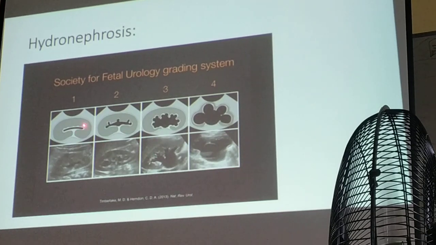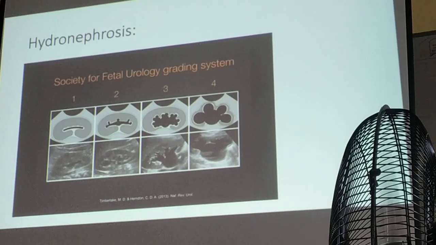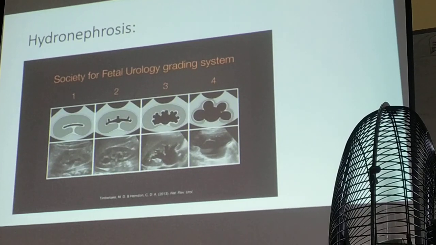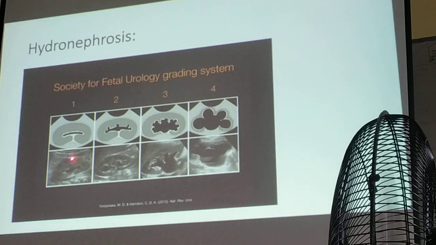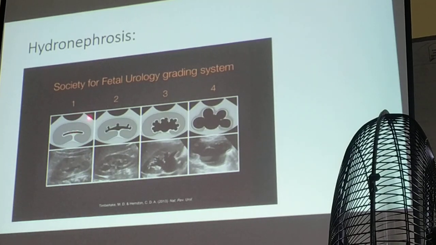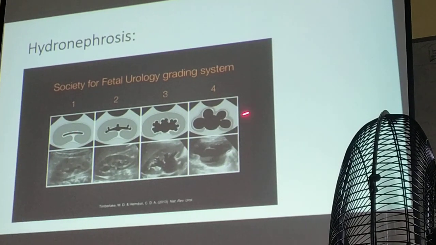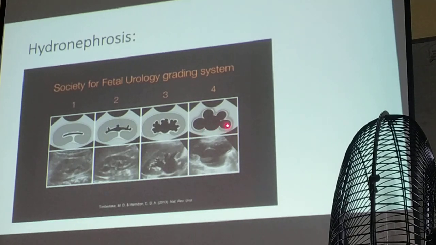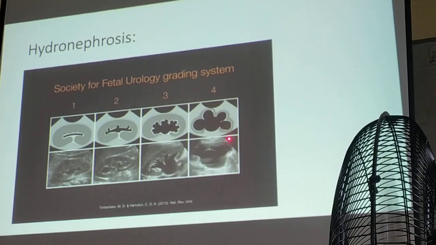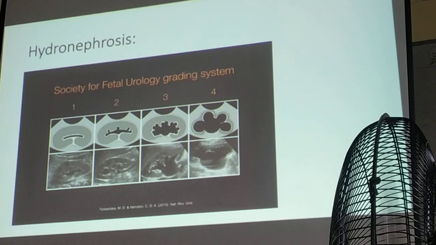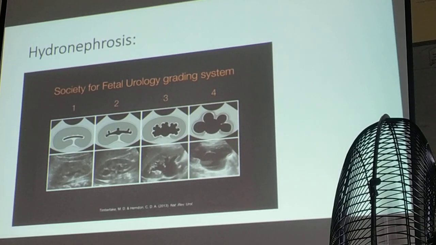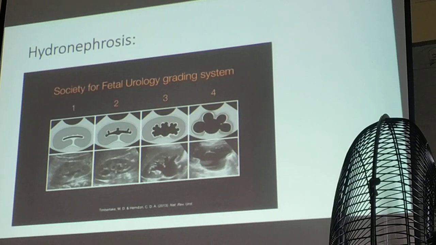For grade 1, this could be due to full bladder. Okay? This might be secondary to full bladder for grade 1. Okay? But for grade 4, definitely there is massive dilatation of your pelvic structures. Okay? So, grade 4 will be coming out.